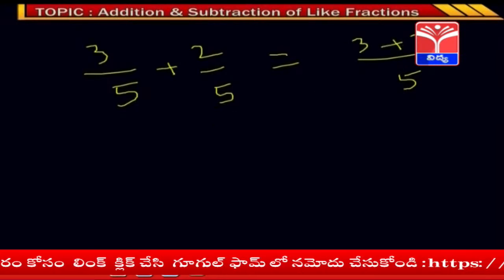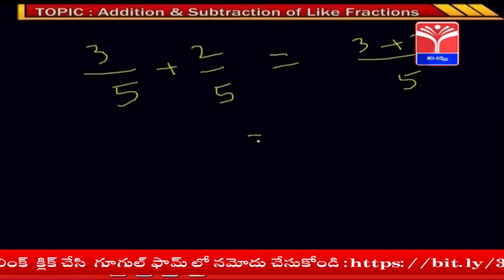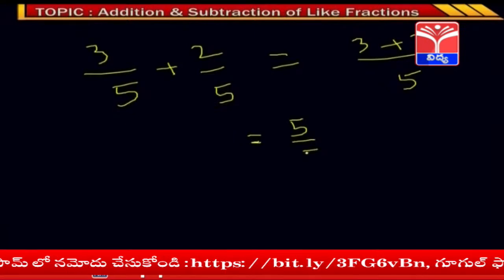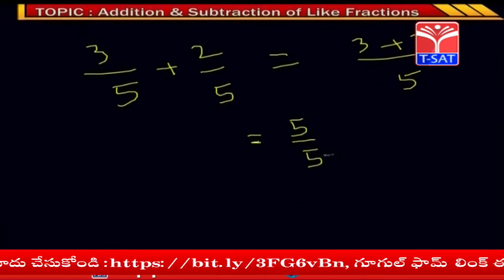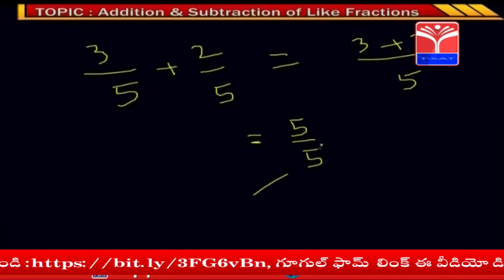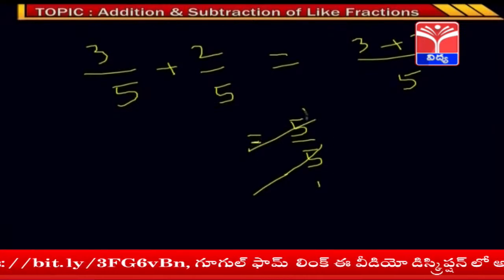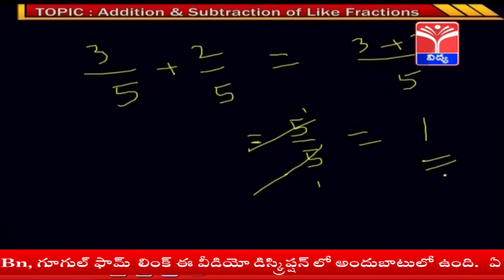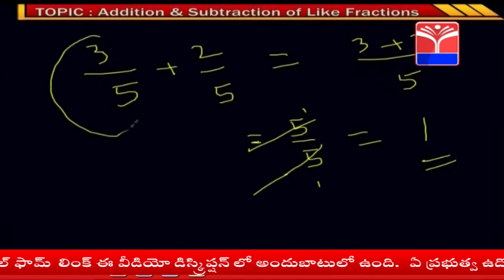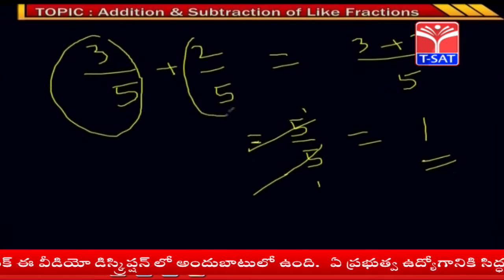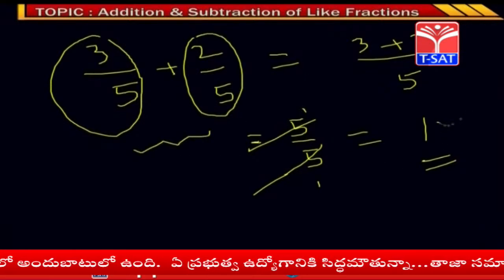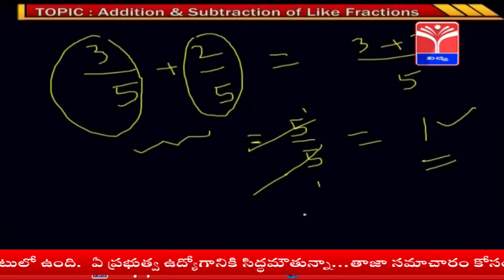That gives 5/5. What is the meaning of 5/5? 5 ones are 5. So we will get one whole object. 3/5 part of a whole object, 2/5 part of a whole object. When we add both parts, we will get one whole object.